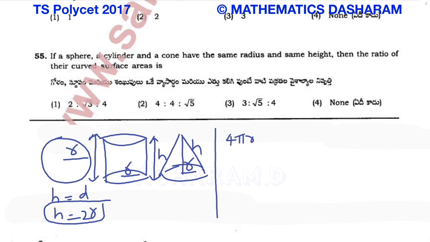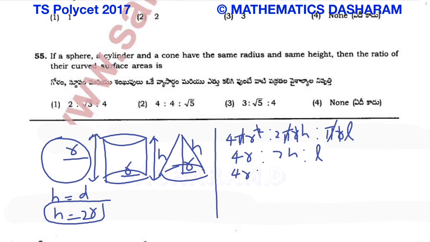4 pi r square is to curved surface area of a cylinder, it is 2 pi r h. Curved surface area of a cone, it is pi r l. So in each term pi is common and one r is also common, then it equals 4r is to 2h is to l.